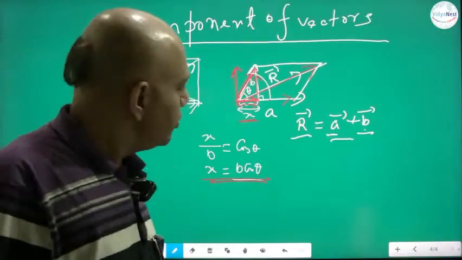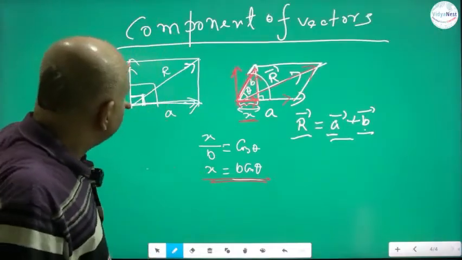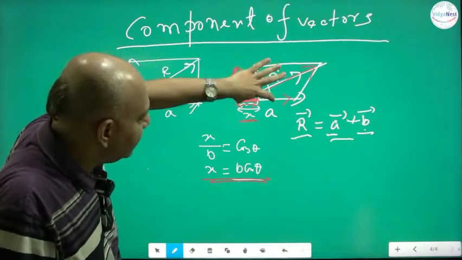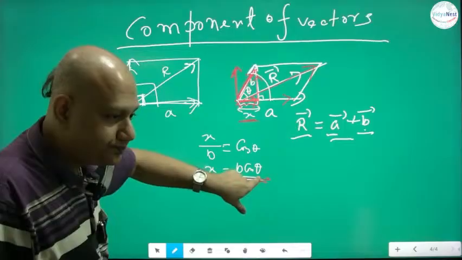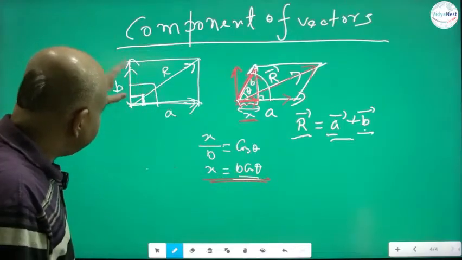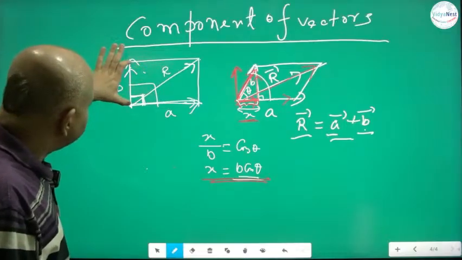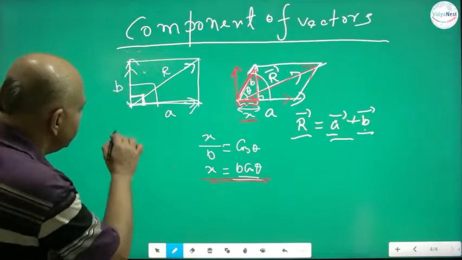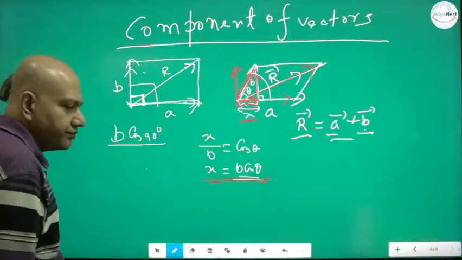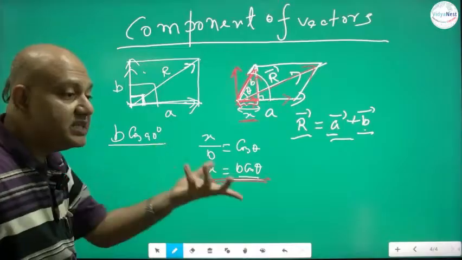Now, in the previous case, the component of B along A was B cos theta. Similarly, in this case, the component of B along A will be B cos 90. What is the value of cos 90? 0.